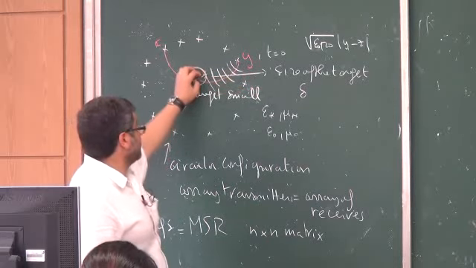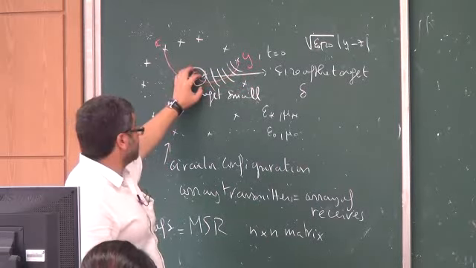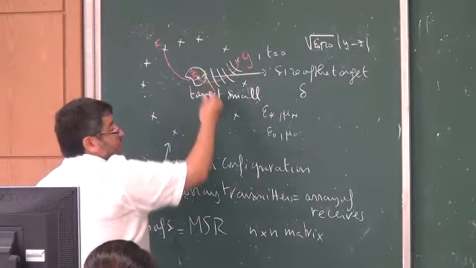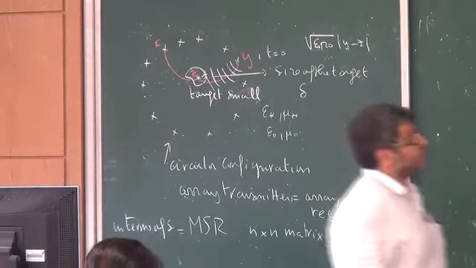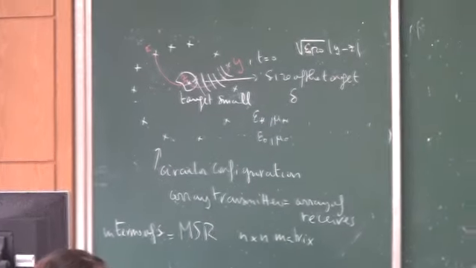After this travel time, there will be something diffracted from the inclusion, and this diffraction would be a dipole.